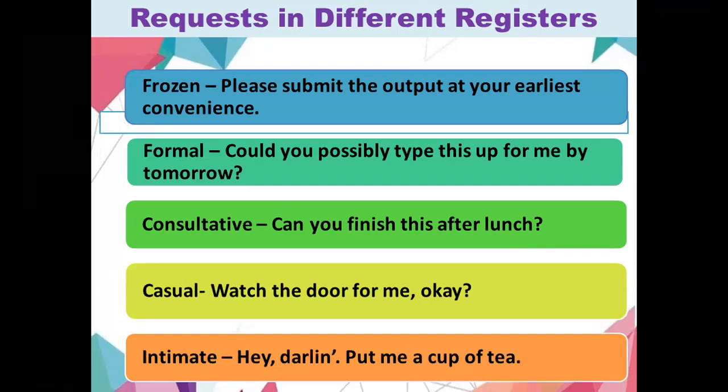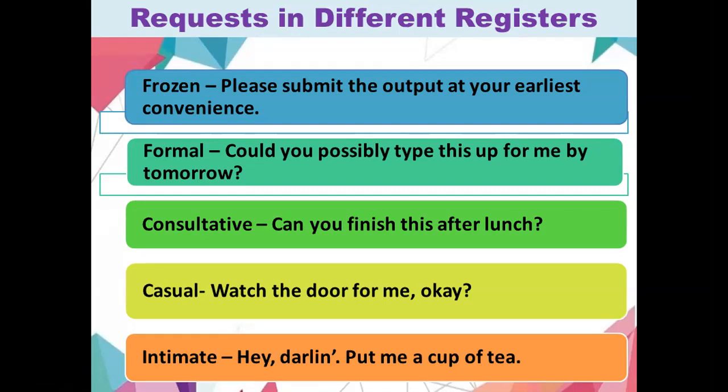Again, frozen has something to do with a static register, meaning you could use the whole phrase again and again. It will never change, and it is more than formal. Speaking of formal, this is following the grammar rules of the standard one.